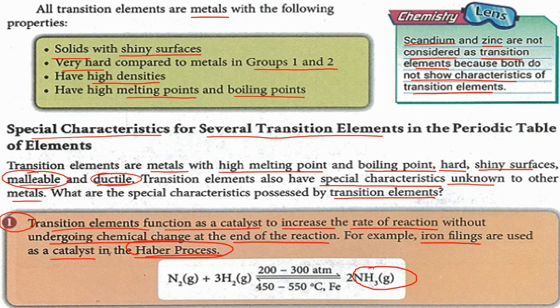So here in this example, the nitrogen gas added with the hydrogen gas with the pressure 200 to 300 atm and high temperature 450 to 550 degrees Celsius, and here we have iron act as a catalyst in this reaction, okay, so that the rate of reaction can be increased.